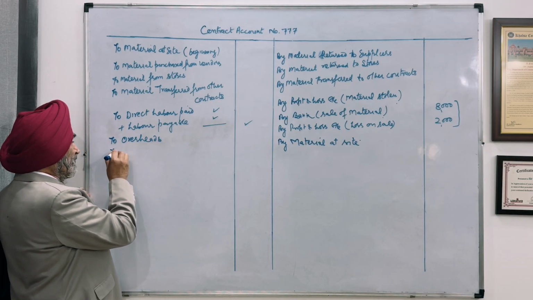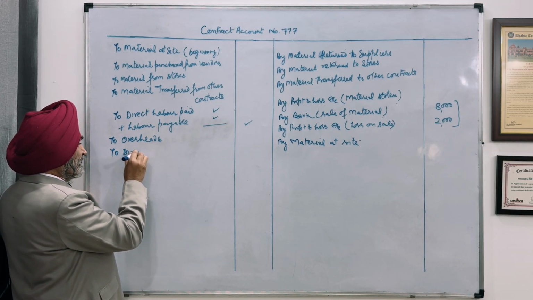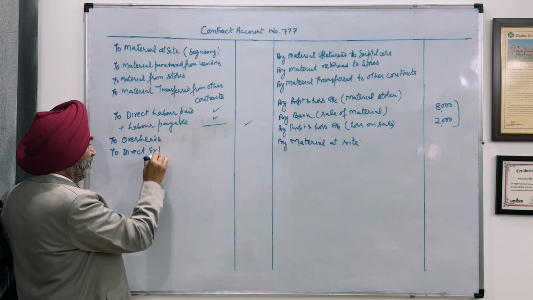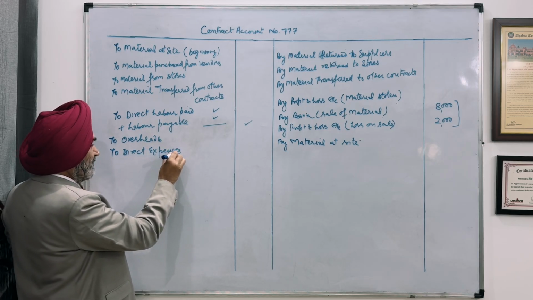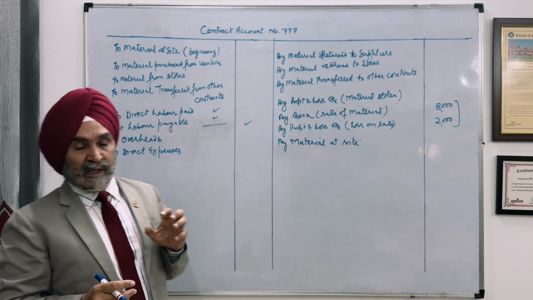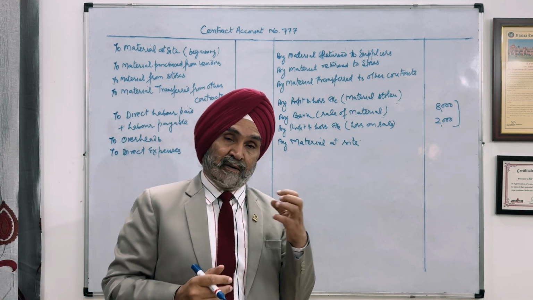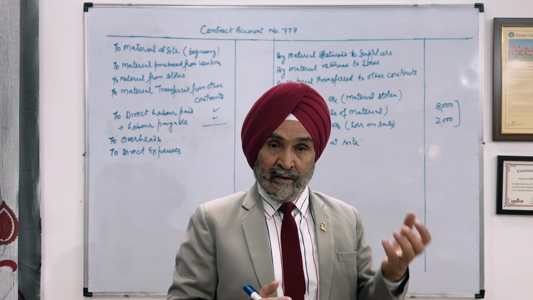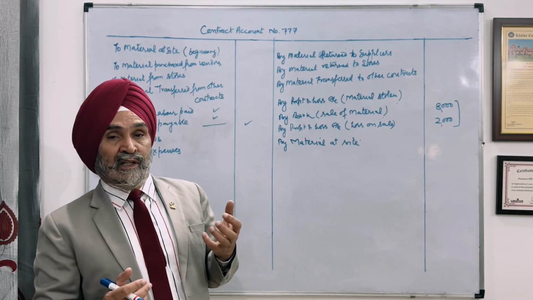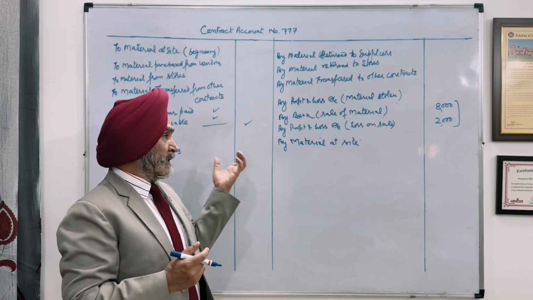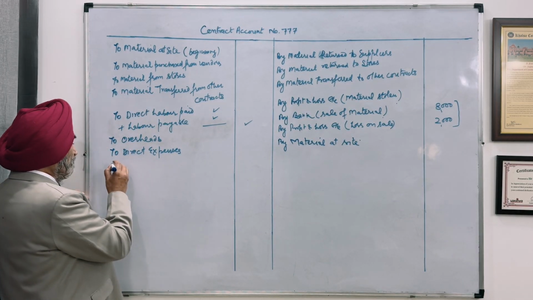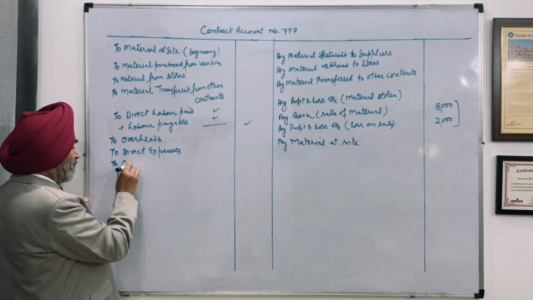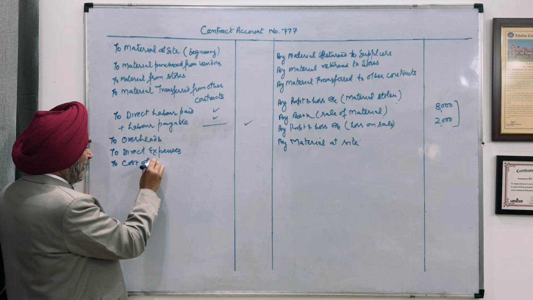Then there may be other direct expenses relating to the architect's fees, the surveyor's fees, or electricity charges, the electricity which is consumed there, all are direct expenses. Then there may be the cost of subcontracts.